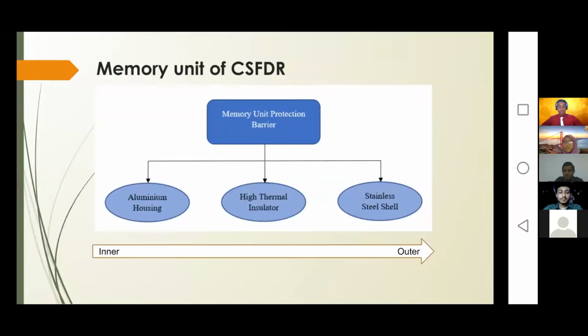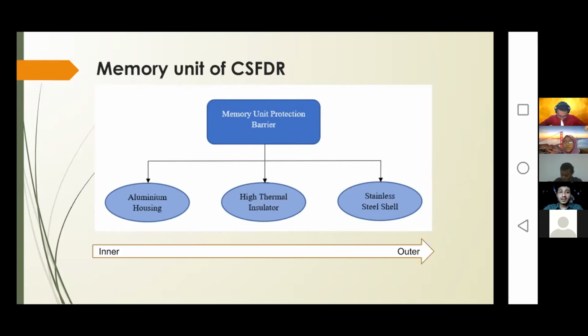Okay, my name is Luqman Wafi, and this is the memory unit of the crash safe flight data recorder. This is the protection barrier of the CSFDR. We'll start from the inner side. The first barrier is the aluminum housing, which is a thin layer of aluminum that surrounds the memory cards.